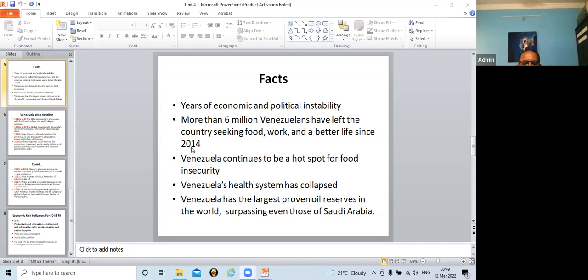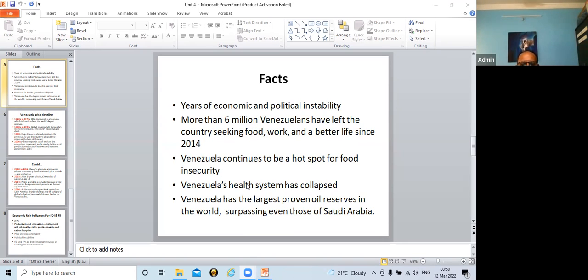This has been happening right from 2014, and now 7-8 years are over. These people have been migrating just to have food and work. Even they are not getting sufficient food. So this is the horrible situation of the people of Venezuela. Venezuela continues to be a hotspot for food insecurity.